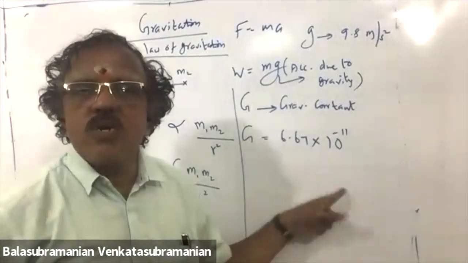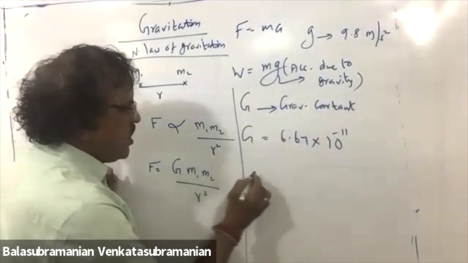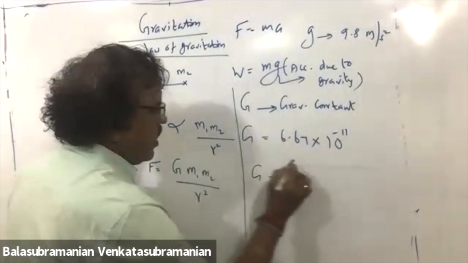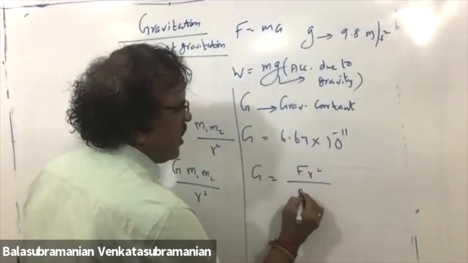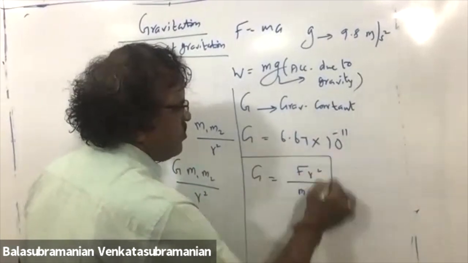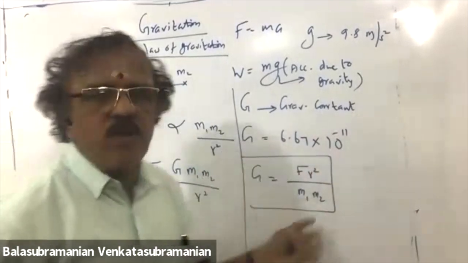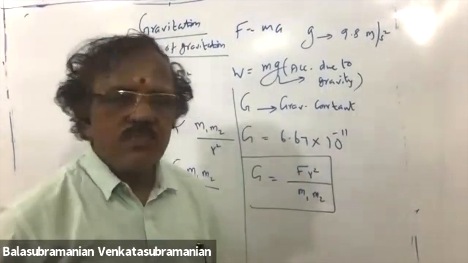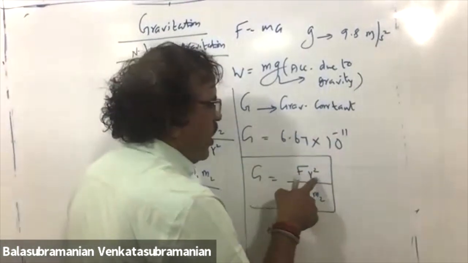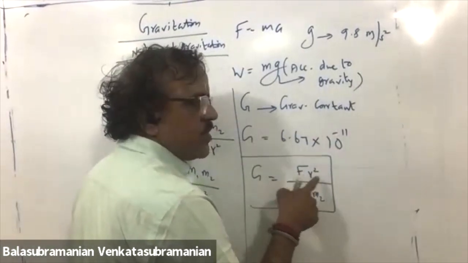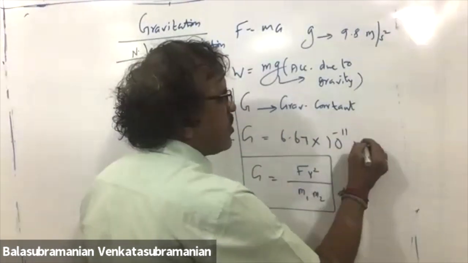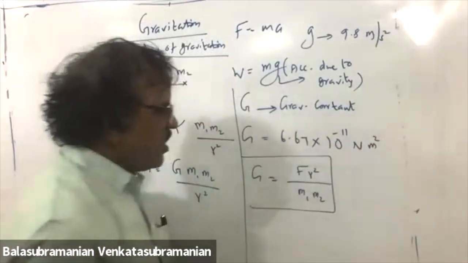Now we have to write the unit. G is equal to F R square by M1 M2. Don't mug up the unit and all. From the formula you can derive. F R square, F is force, R is distance, so I can write Newton meter square.